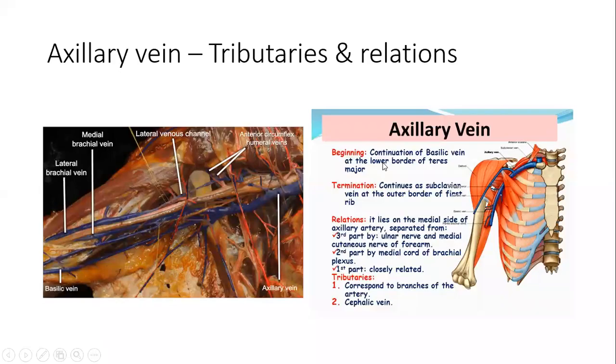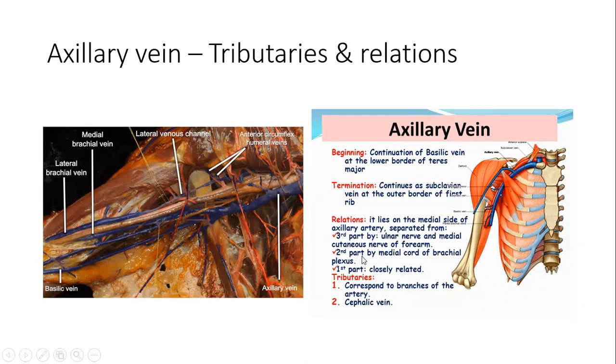In most of its course it lies on the medial side of the axillary artery, separated from the third part of the axillary artery by the intervening ulnar nerve and medial cutaneous nerve of the forearm. From the second part of the axillary artery, the axillary vein is separated by the intervening medial cord of the brachial plexus, and with the first part, however, it is closely related by lying on its medial side.